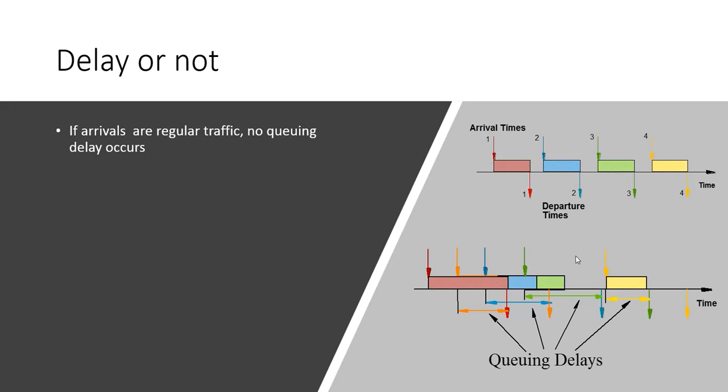In the picture at the bottom, the service time for customer 1 takes too long, so the second customer has to wait, and that is going to delay our system.